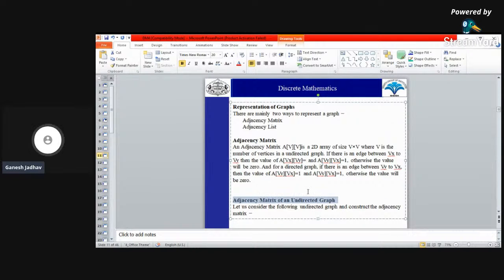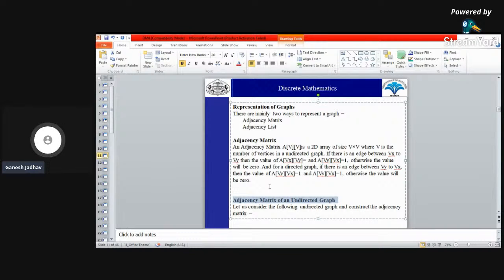The matrix size is V by V. So why is it V by V? We require the representation, just as we represent relations with a relation matrix.